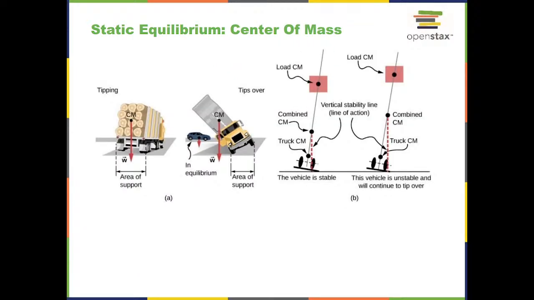So let's look at what happens in this case for some of these problems, and the book uses this example of a truck that's tipping over. What happens when a truck is tipping over is there's a point of contact with the road here, one of the wheels, and there's also another force that applies to the truck, and that's the combined center of mass of the load and the truck itself.